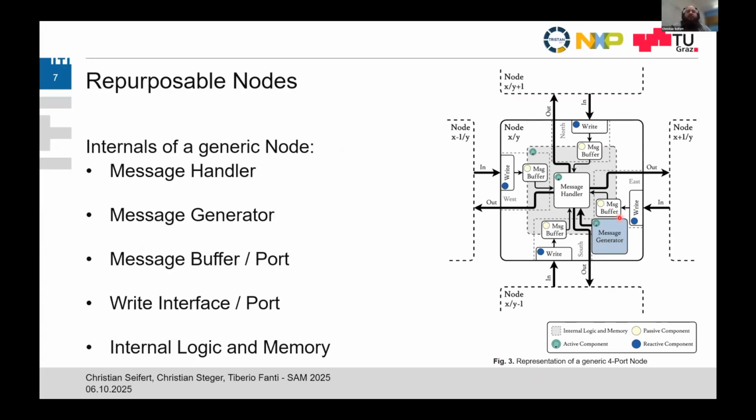If we simply remove the message generator, we could easily represent a memory component, for example. So each node includes a varying amount of message ports, directional buffers, and a message handler.